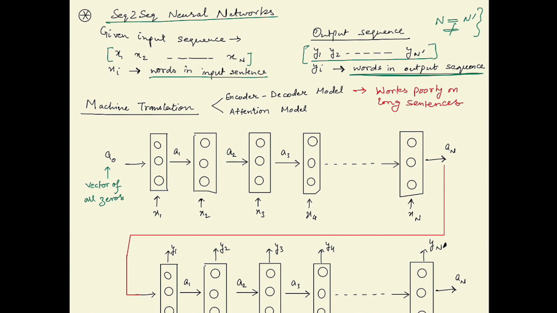This task is machine translation, and we will discuss two models for it, the encoder decoder model and the attention model. The limitation of the encoder decoder model is that it works poorly on long sentences, and we'll see soon why this is the case. The limitation of the attention model is that it's comparatively more costly in terms of computation.